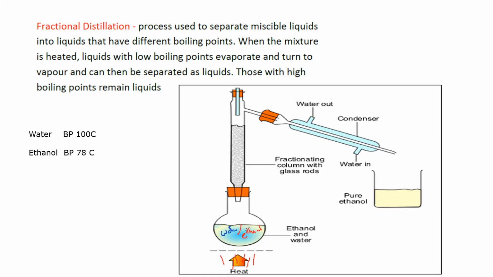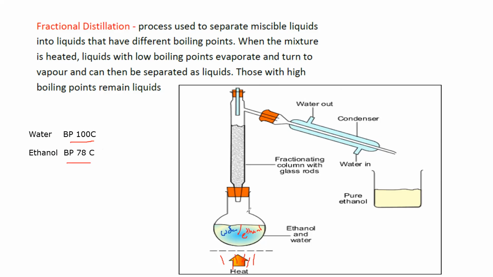Which one of them will vaporize first, ethanol or water? The boiling temperature of water is 100 and the boiling temperature of ethanol is 78. Ethanol has a low boiling point, so it can easily vaporize as compared to water.